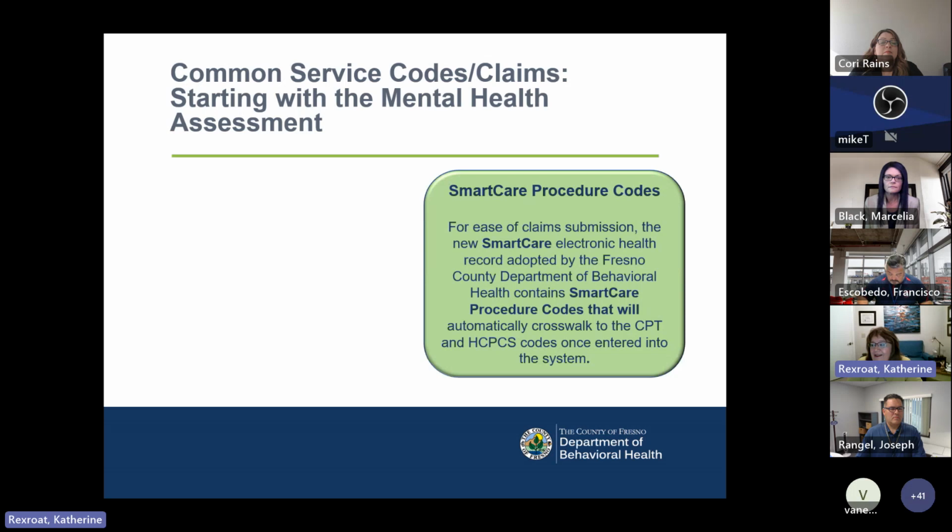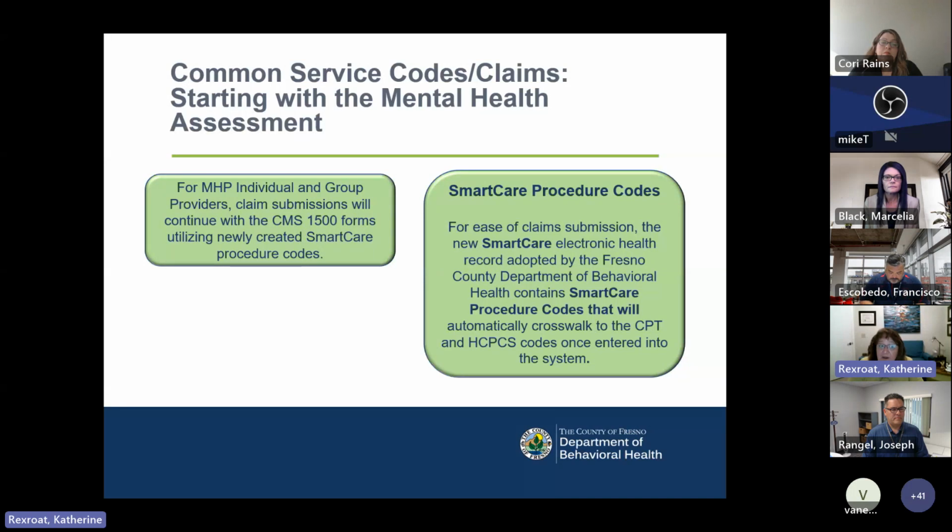SmartCare procedure codes have been created. For ease of claim submission, the new SmartCare electronic health record adopted by Fresno County Department of Behavioral Health contains SmartCare procedure codes that will automatically crosswalk to the CPT and HCPCS codes once entered into our system.